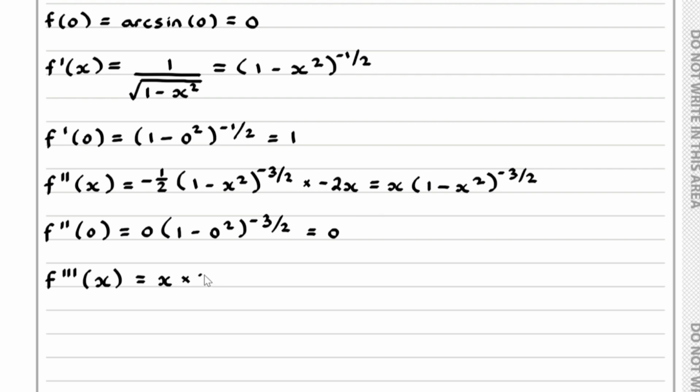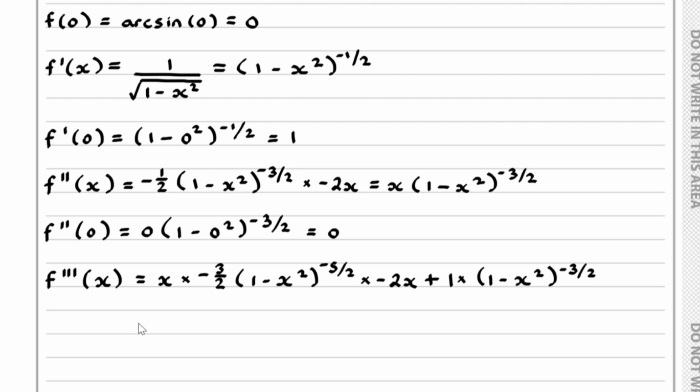So we multiply x by minus 3 over 2 lots of 1 minus x squared to the minus 5 over 2 times minus 2x. And then we add on the derivative of x, which is 1, multiplied by 1 minus x squared to the minus 3 over 2.